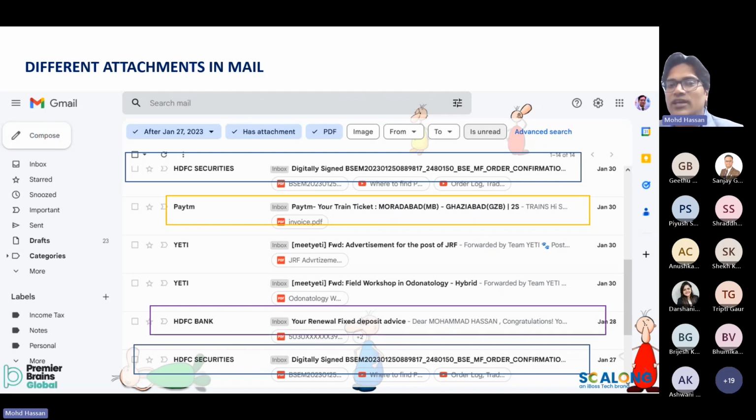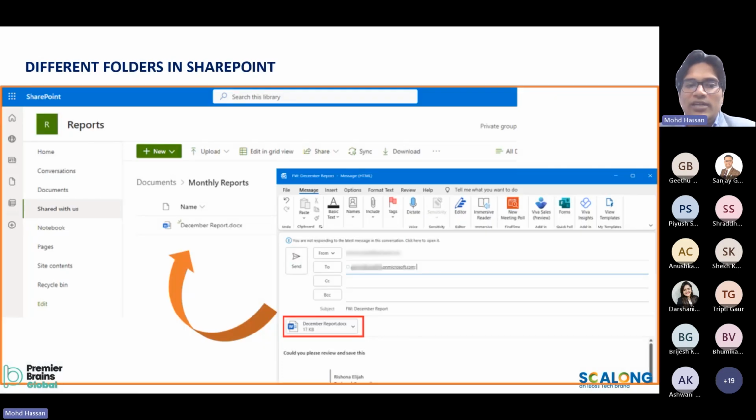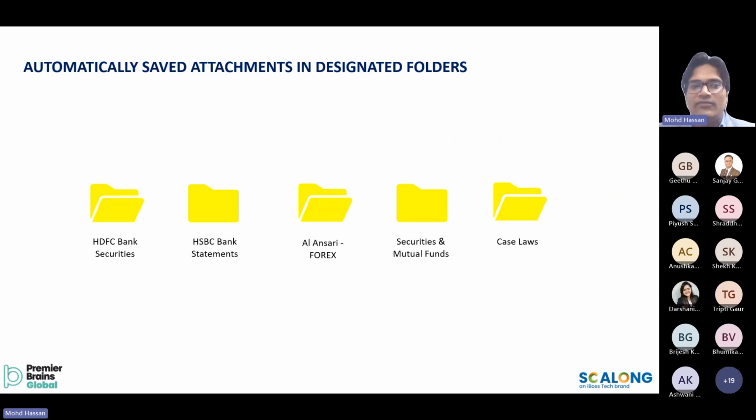These kinds of things can be automated simply using Power Automate. So we have to identify the right attributes. Likewise, if any email comes with an attachment, it will get saved automatically into the respective folder. Later on, we will also see how this can be done.